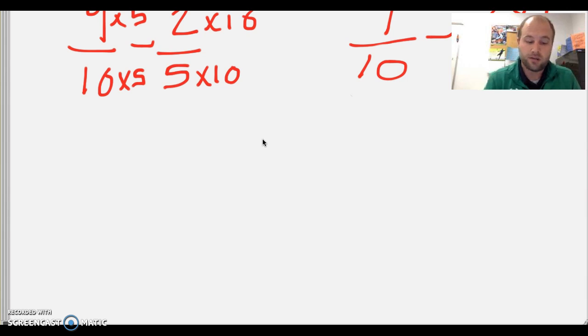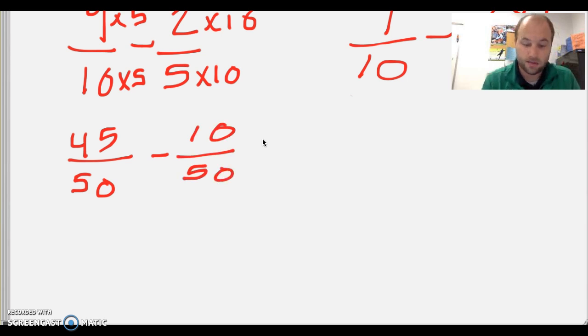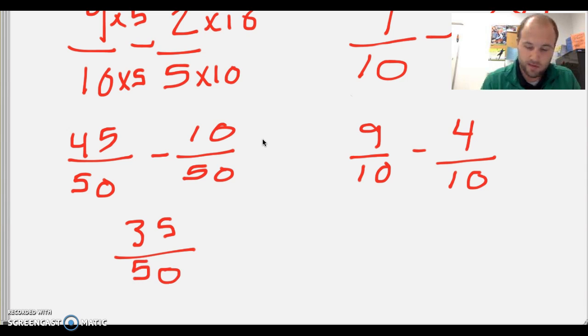Or, so I'll do them both. I'll do them side by side. So we're going to get 45 over 50 minus 10 over 50. Or a much nicer way would be 9/10 minus 4/10. Okay, then 45 minus 10 is 35/50ths, or we can get 9 minus 4 is 5/10.